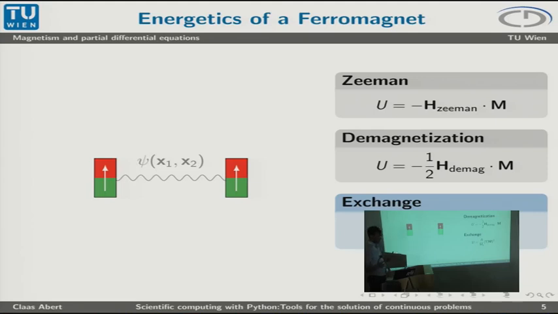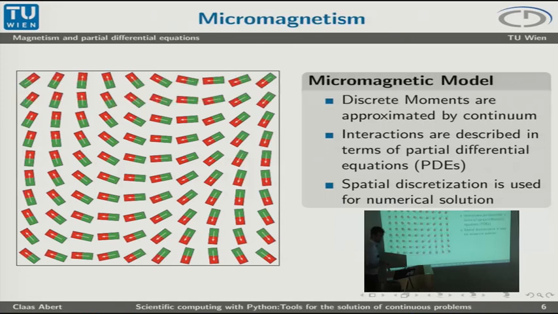If we want to simulate large structures, we not only have to take into account the global interactions, but we also have to look very closely in detail at how these short-range interactions take place. So how do we compute such a structure? If we look at a body of, say, micrometer size, it consists of about 10 to the power of 23 elementary magnets. This is obviously not a number we can handle with a computer.